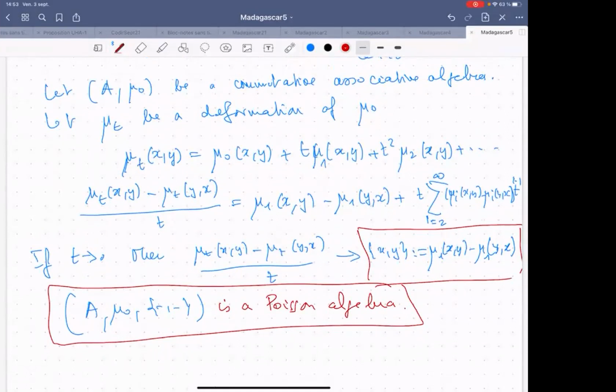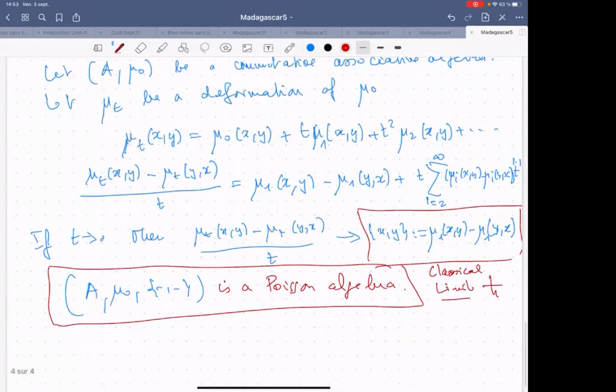And this comes from physics, and this t is usually a quantum parameter, like the Planck constant, for example. Usually physicists use h bar for this, and this is called the classical limit by physicists. Okay. And I don't have time to give you the proof.